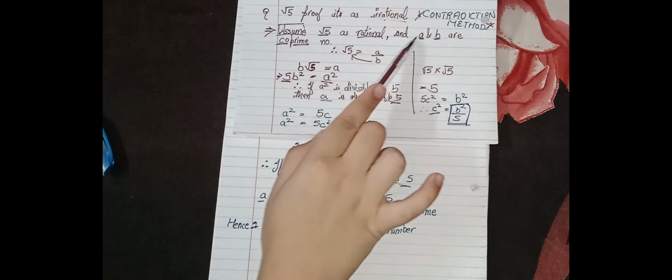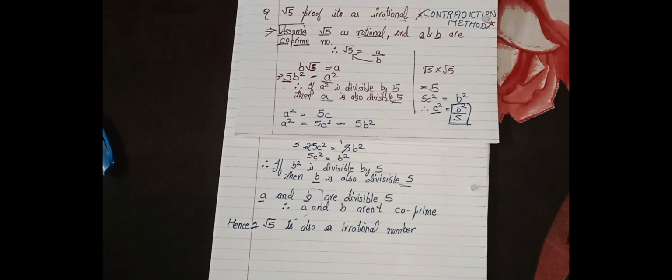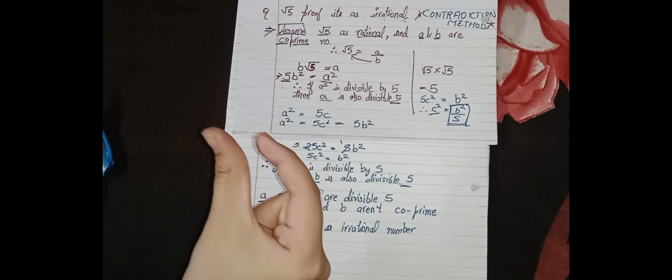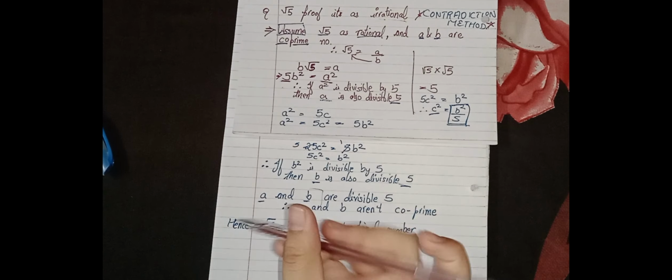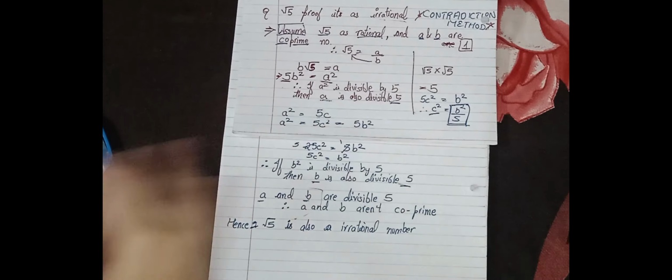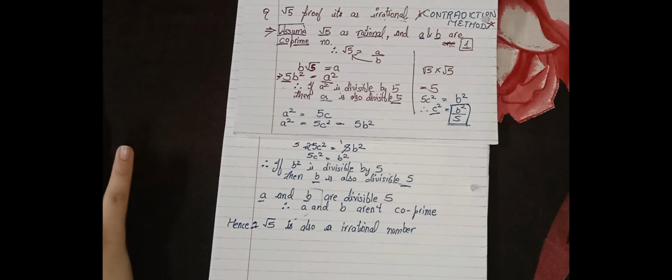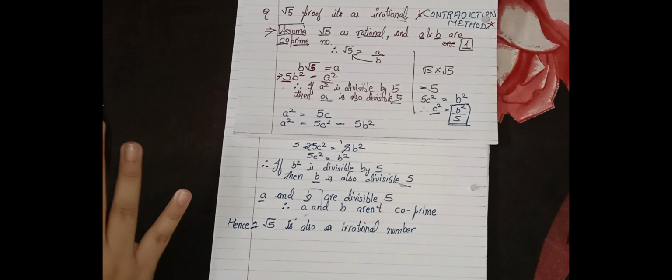Co-prime means that these two numbers have only one common factor, the number 1. No other number can be their common factor. That's what co-prime numbers are.